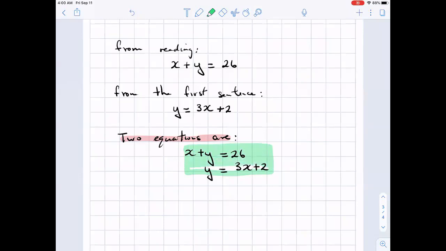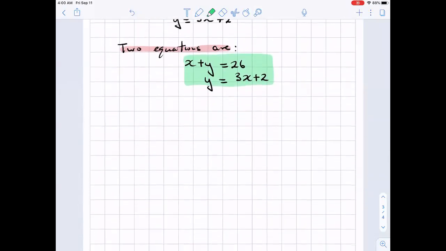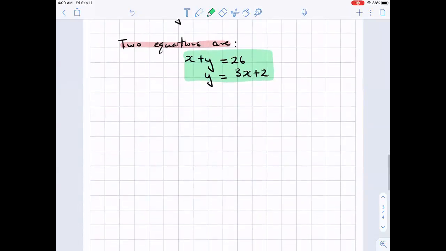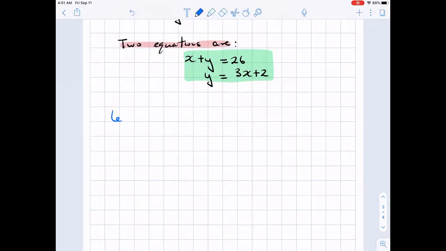And we have learned how to solve systems of equations. We have looked at the addition method or the elimination method, and we have looked at the substitution method. And because one of the variables here is already solved for or isolated, I think it is best to use the substitution method. So now let's solve, using the substitution method.